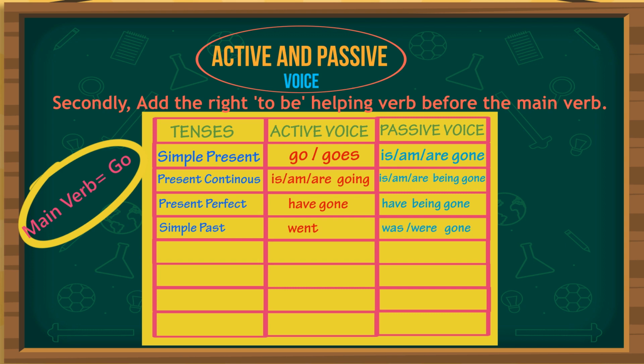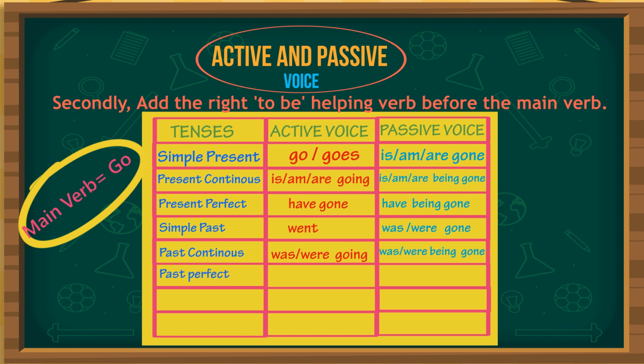In passive voice, we add was or were and the verb's third form, gone. Next is past continuous tense. In the past continuous tense, we use was or were going in active voice. In passive voice, we add the helping verb being after was or were and the verb's third form, gone.